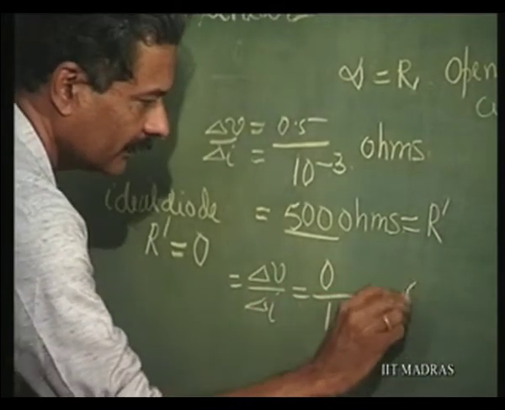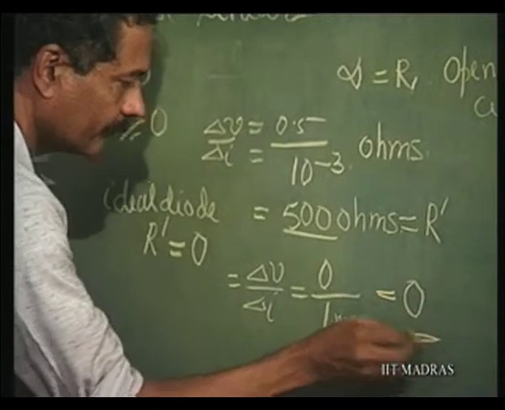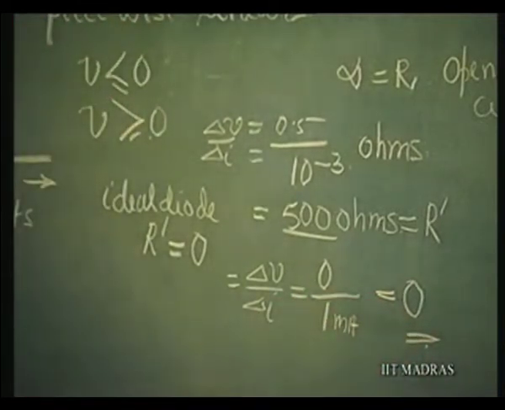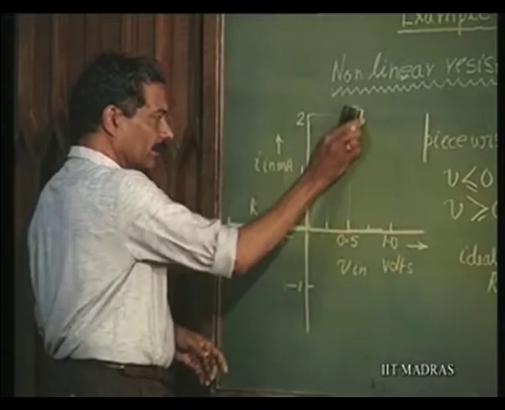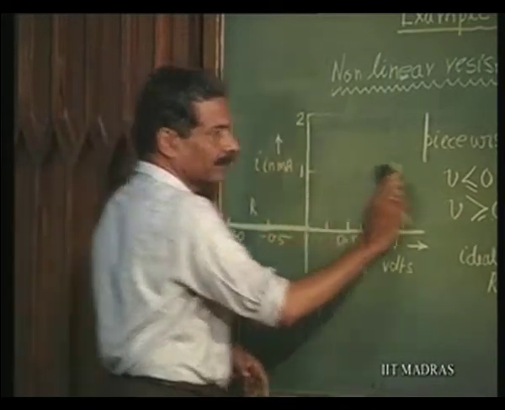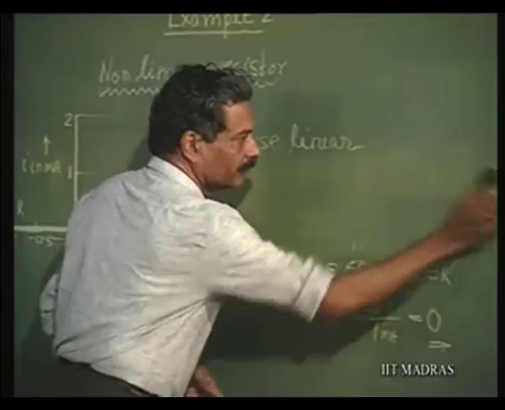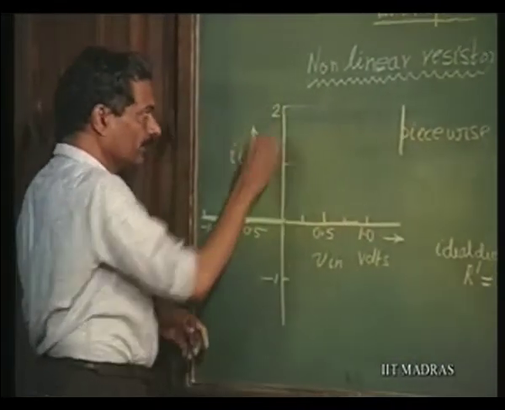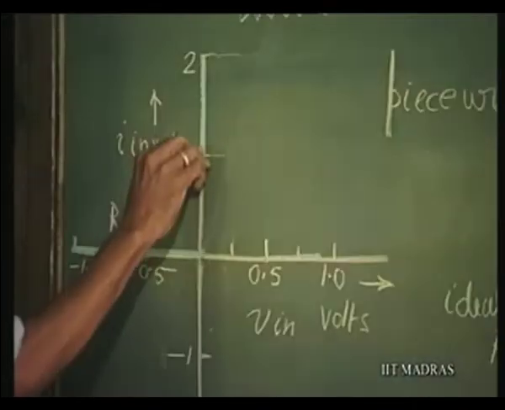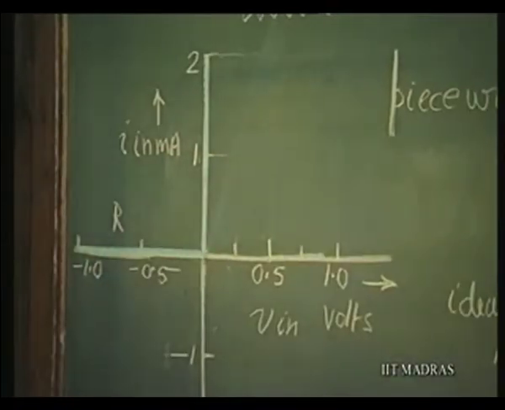So, the resistance is uniquely 0. So, that means we can just say that this characteristic will change to something which is going to have its characteristic like this. So, this is what it is.